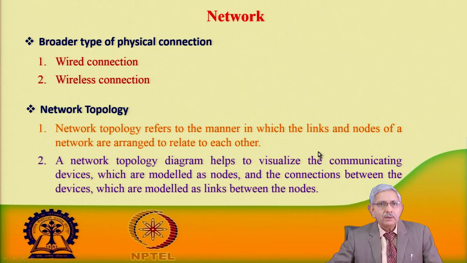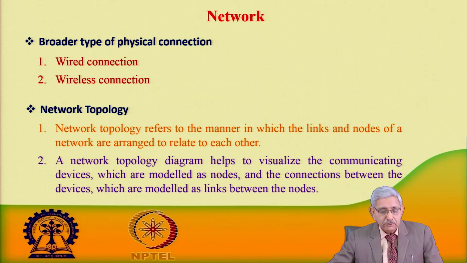So, when we talk of physical connection, these could be of 2 types: wired connection and wireless connection. It also involves a particular arrangement of how the different nodes are arranged.